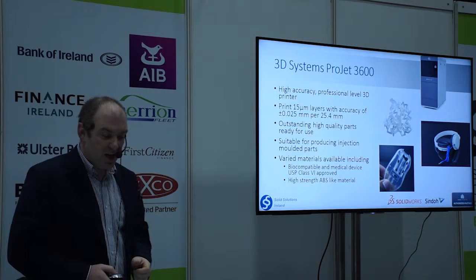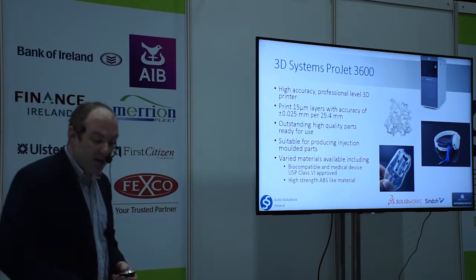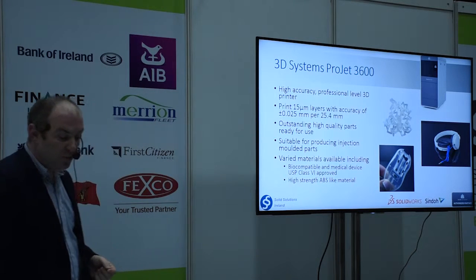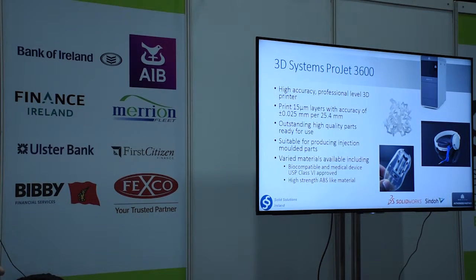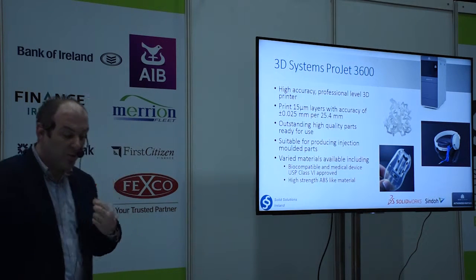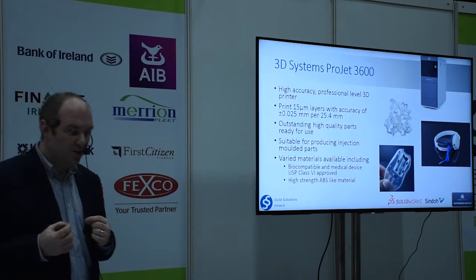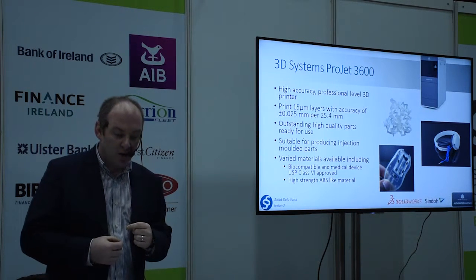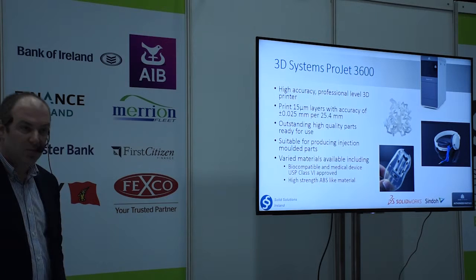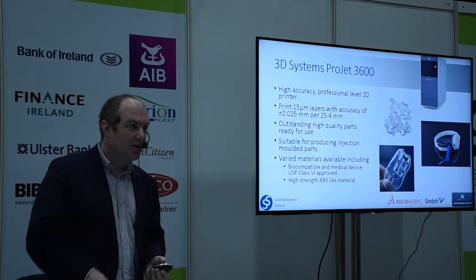And then there's the high-end 3D Systems printer, the 3600, and that's more accurate. That'll print to 15 micron layers, or 0.025 of a mil over 25 mil. It's outstanding quality. You can actually print in a clear VisiJet material, which is Class 6 approved, and it's a high strength ABS-like material.